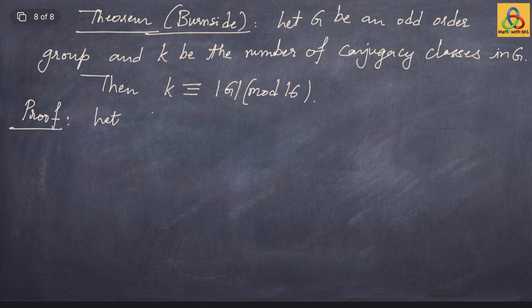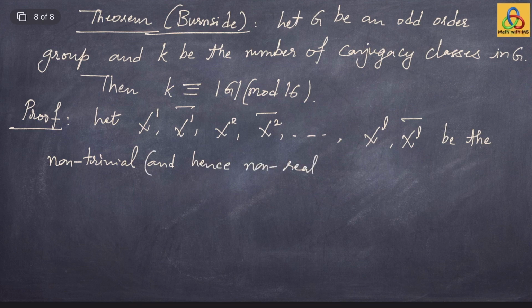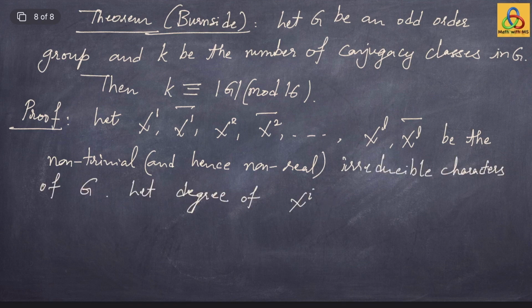Let chi1, chi1 bar, chi2, chi2 bar, and so on, chi L bar be the non-trivial and hence non-real irreducible characters of G. Let the degree of chi i and that of chi i bar, because they have the same degree, be, let us say, d_i.